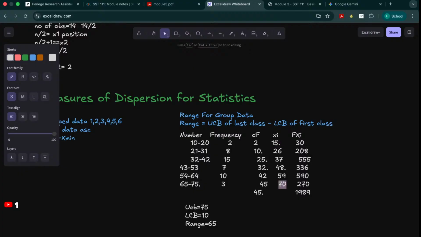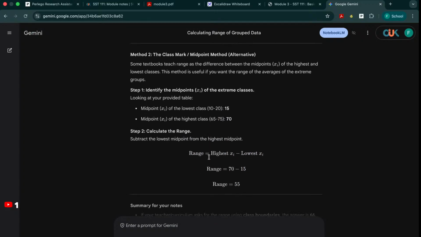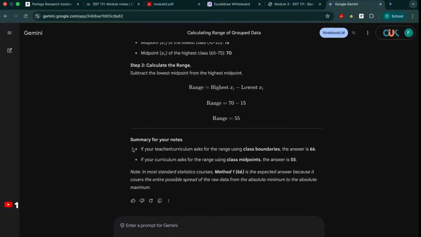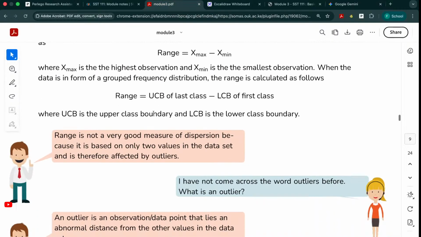But they don't give the same answer. So I think the most correct one is to use the class boundary because it's the same we have been told here.